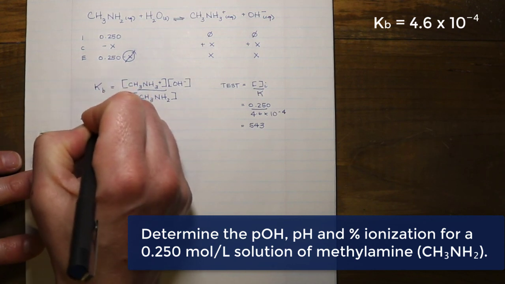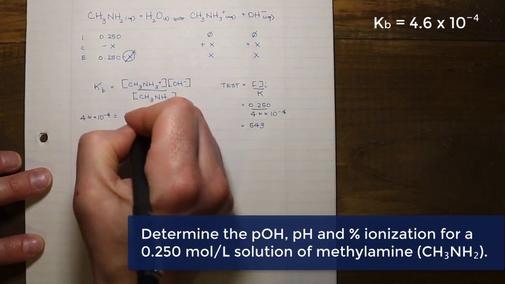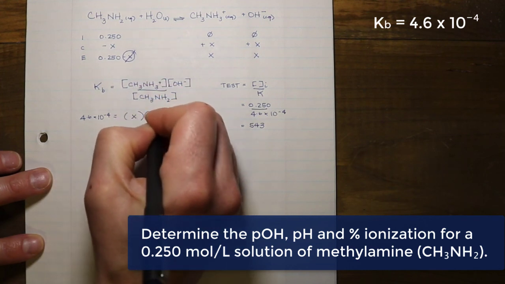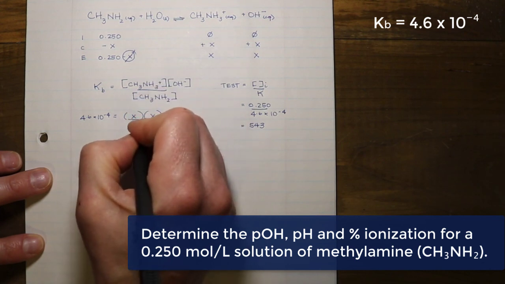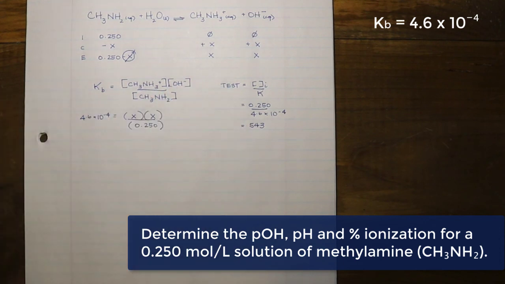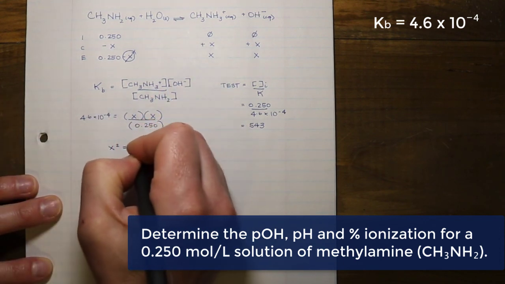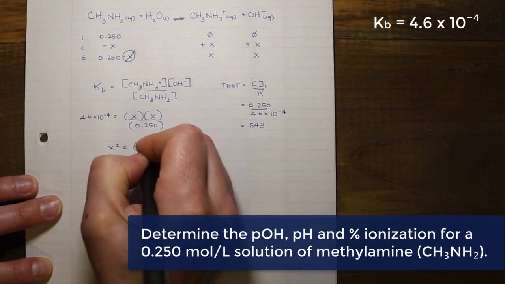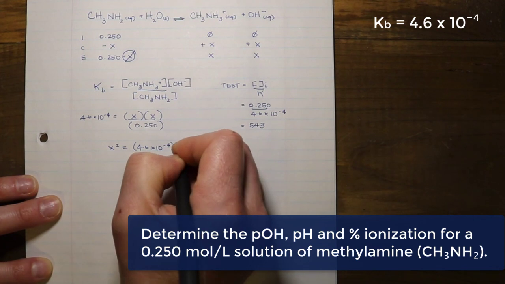So now it's just a matter of plugging in those values. The two values in our numerator are both going to be X, and the value in the denominator is going to be our initial concentration of base. Notice again that we don't need to include the minus X because of our test. So as I'm simplifying here, I'm going to take my two X values, multiply them together to get my X squared value. I'm going to take the concentration of the base in the denominator and multiply that by the Kb of the base.